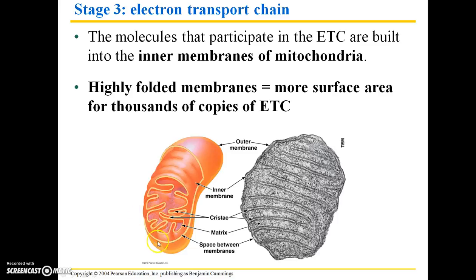Because these inner membranes of the mitochondria are highly folded, you have more surface area, and within these folds are thousands of copies of the electron transport chain. So it's not as if one of your cells has a mitochondria with a couple of electron transport chains. There are thousands of copies of the electron transport chain just within a single cell.